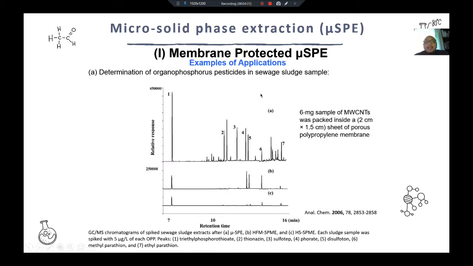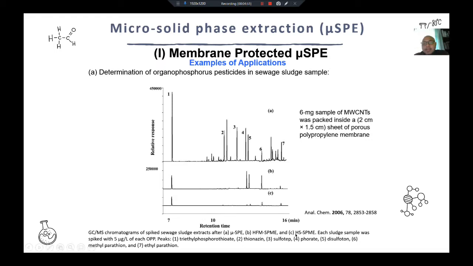Okay, here is the example of application of the membrane protected micro SPE. If you look over here, we have A, B, C. What is different? A is using the micro SPE, B is using the HFM, if I'm not mistaken.